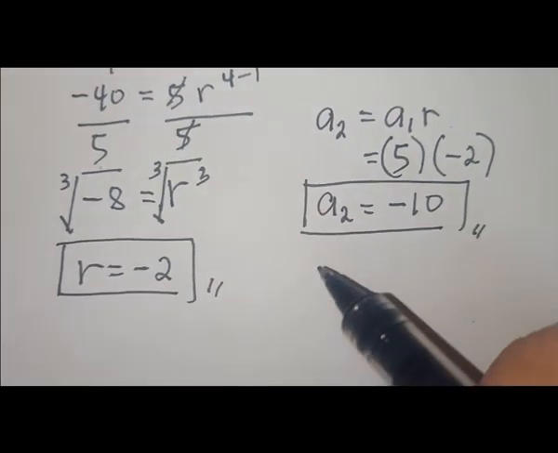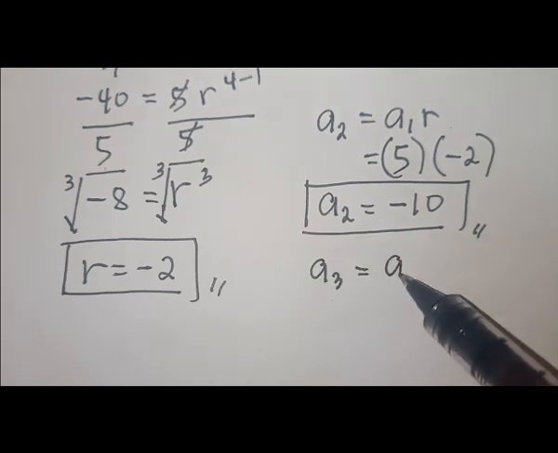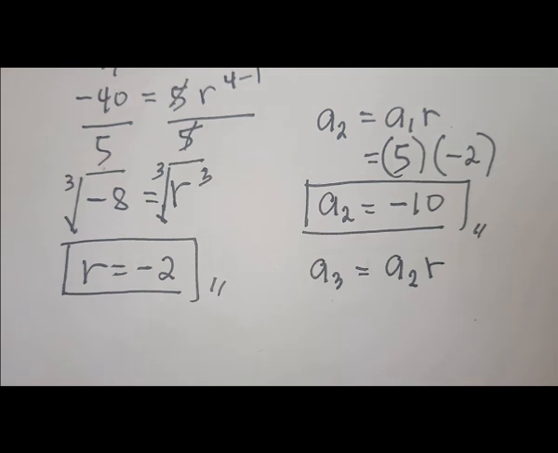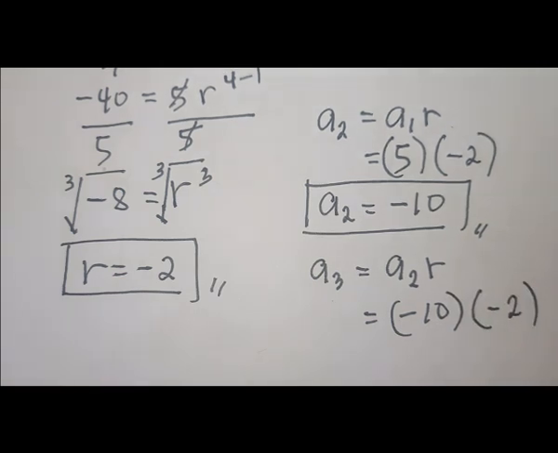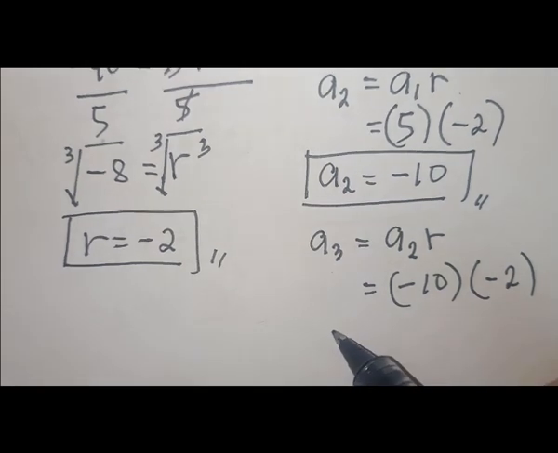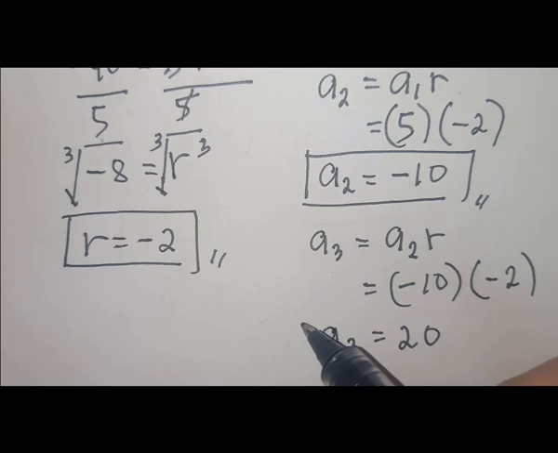How about a sub 3? Siyempre, yung a sub 3 naman natin, ang kailangan natin dito, yung value ng a sub 2 times r. Na ang value ng ating a sub 2 ay negative 10 at ang common ratio na meron tayo ay negative 2. Therefore, ang value ng ating a sub 3 is equal to positive 20.